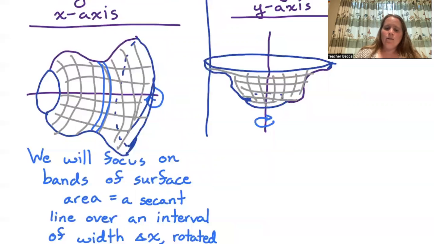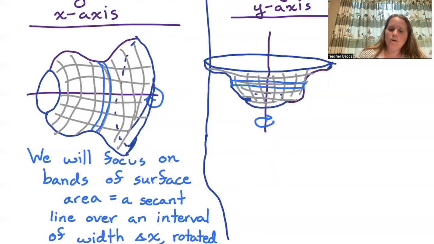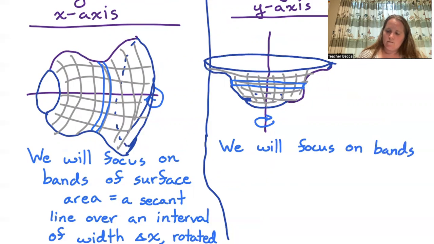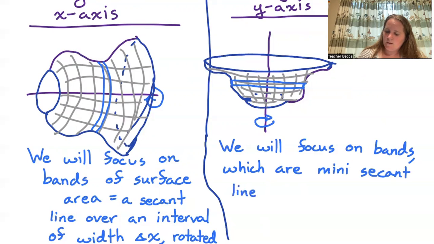Again, we will focus on bands, which are just secant lines swept around the y-axis, mini secant lines rotated around the y-axis.